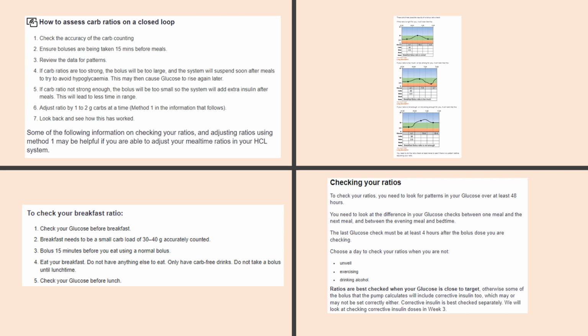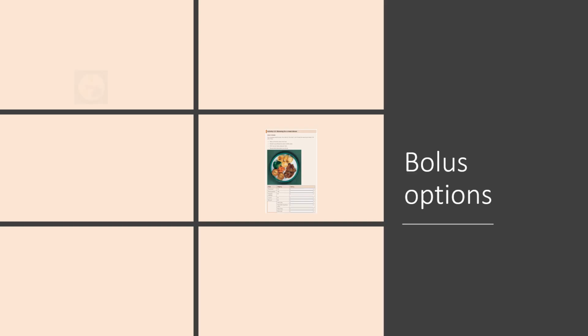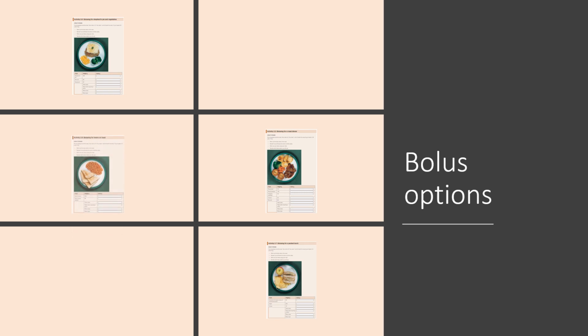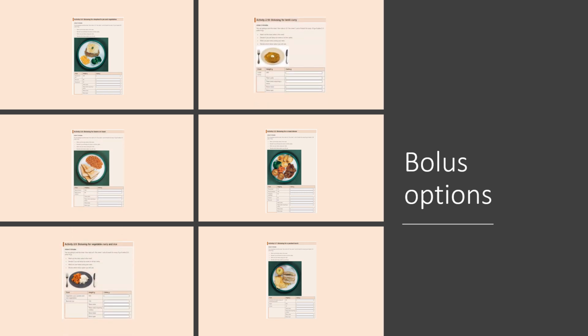Examples illustrate the possible results of a ratio check, including diary and CGM results. Additional information on how to assess ratios is provided for hybrid closed-loop users. 6 activities are included to illustrate the possible use of different bolus types for different meals.